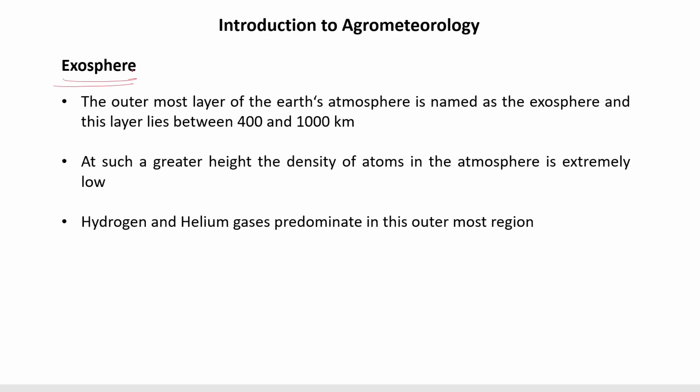Beyond this layer, there is one more layer called the exosphere. The outermost layer of the Earth's atmosphere is named the exosphere, and this layer lies between 400 and 1000 kilometers.